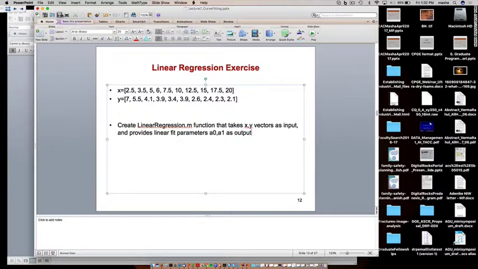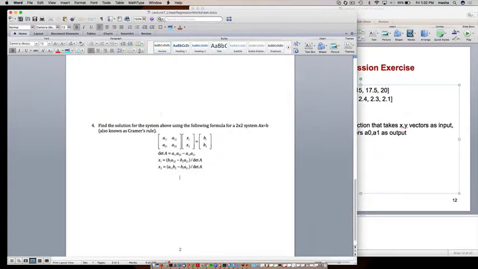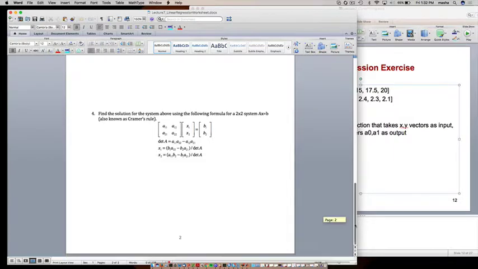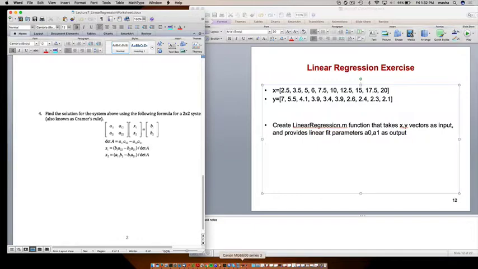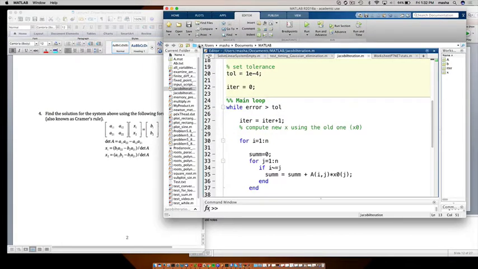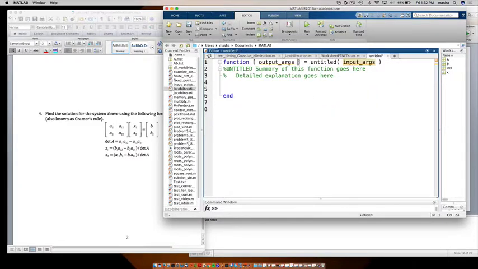The formulas are essentially what you have worked out on your sheet, so you can write down what the solution is to this system. This is just your exercise for a 2 by 2.